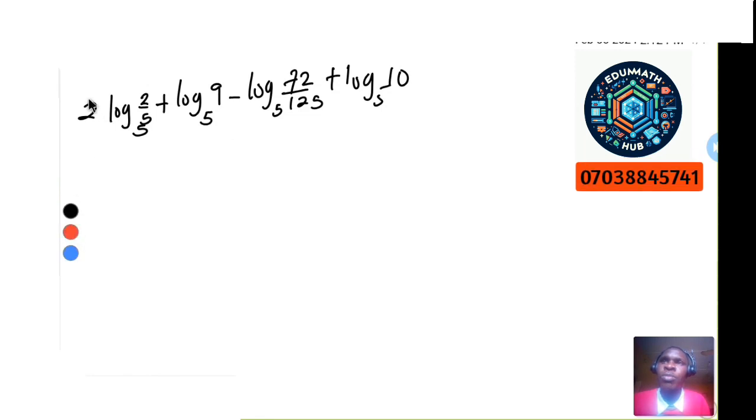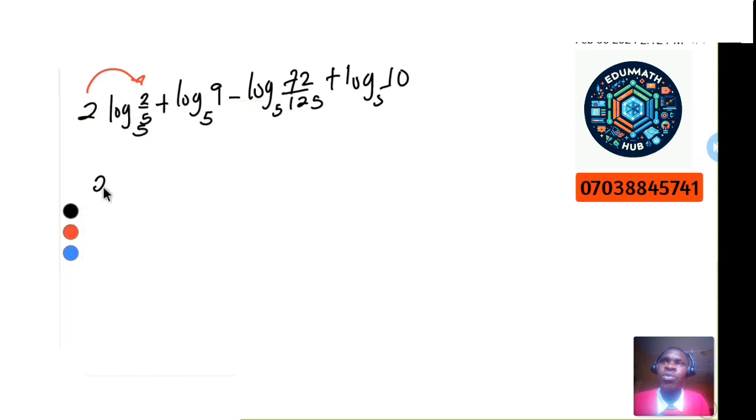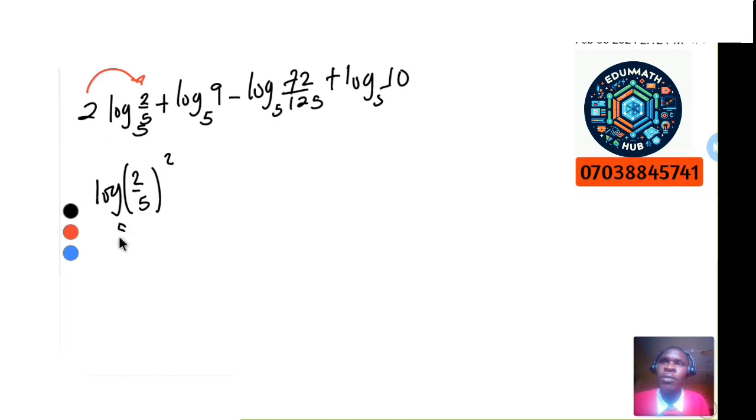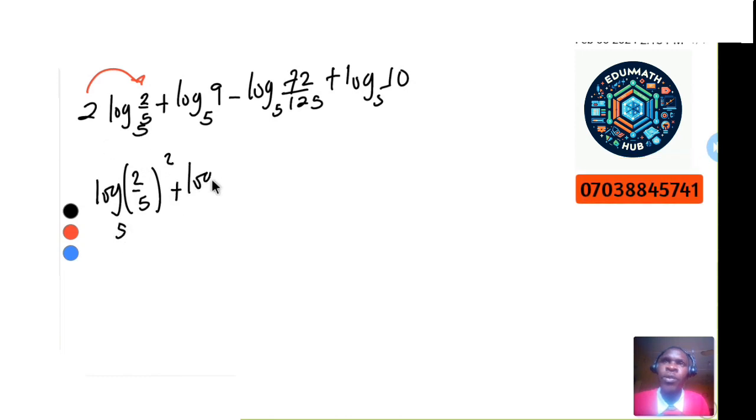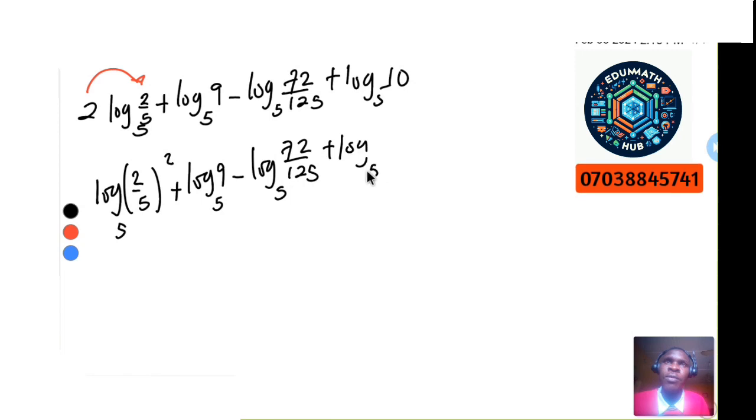So let's move this 2 to this side, to the top of this. So you have log of 2 over 5 raised to the power 2, base 5, plus log to base 5 of 9, minus log to base 5 of 72 over 125, plus log base 5 of 10.